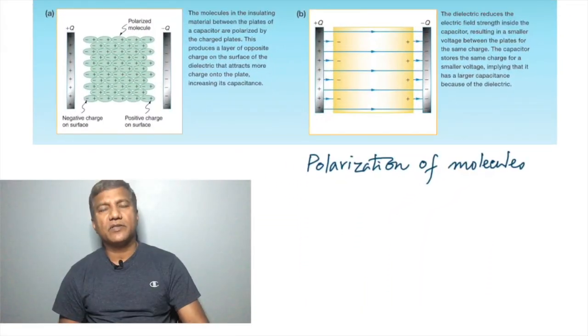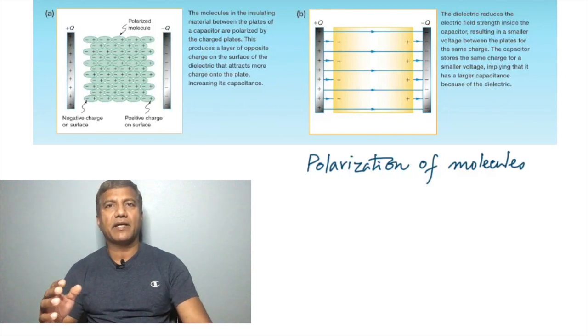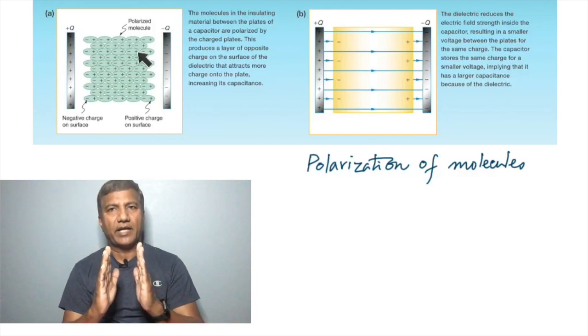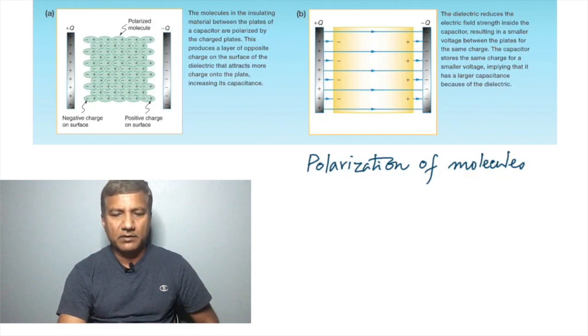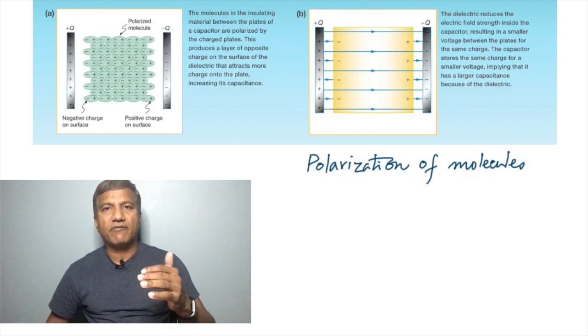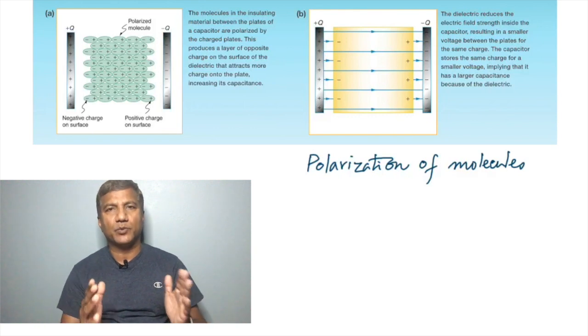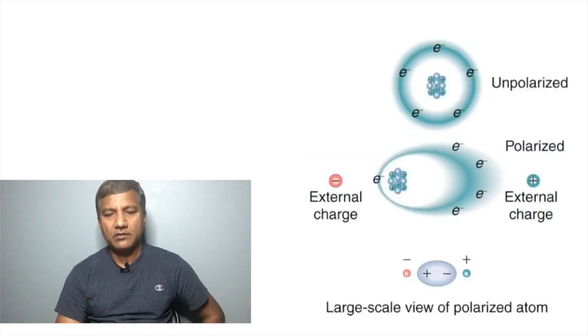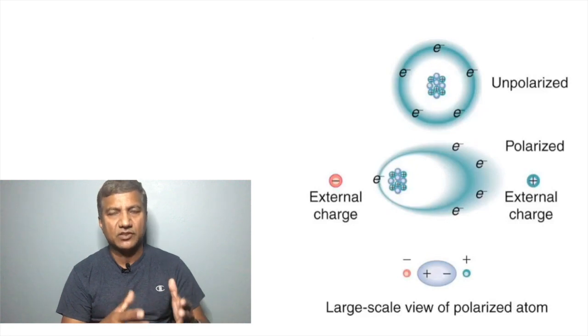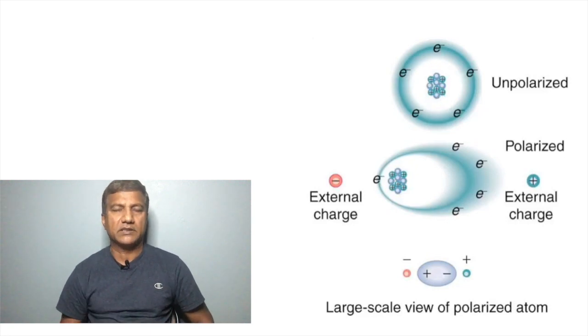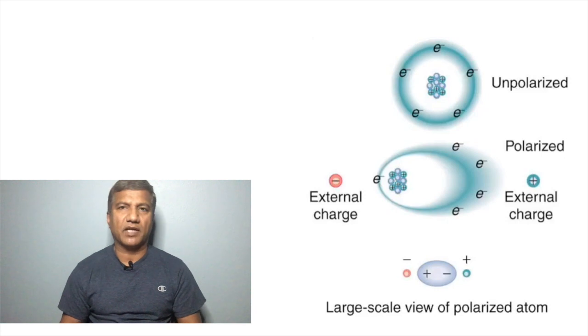Now, so far we were talking about a capacitor with air as the dielectric, or air as the insulator between the plates. But if we have another material between the plates of the capacitor, what's going to happen is, because of the electric field, the molecules of the dielectric will be polarized. What does it mean by polarization?